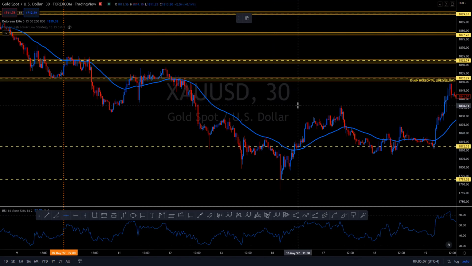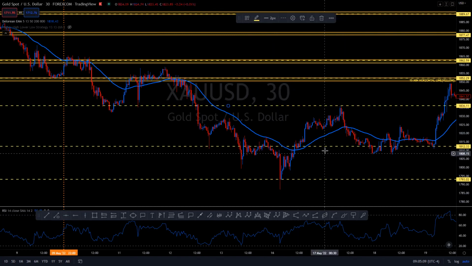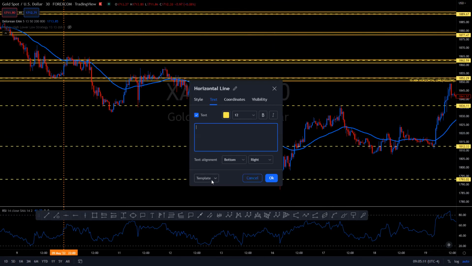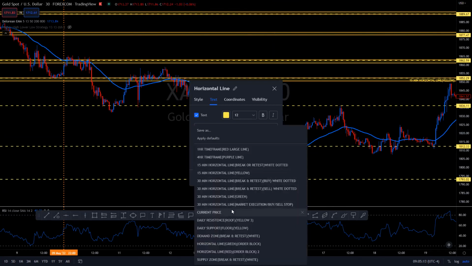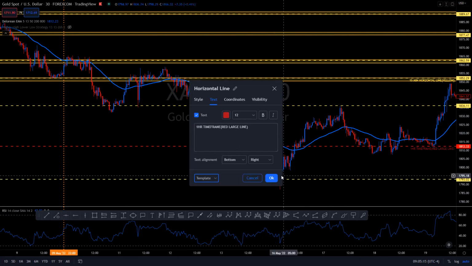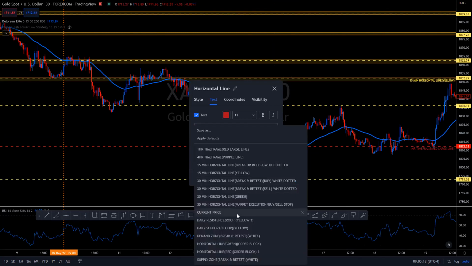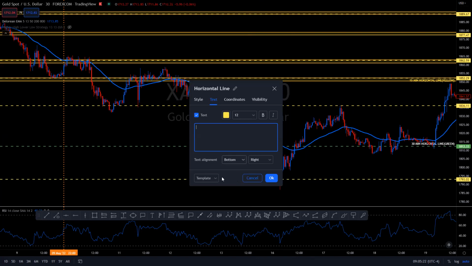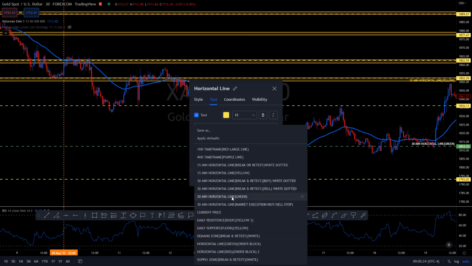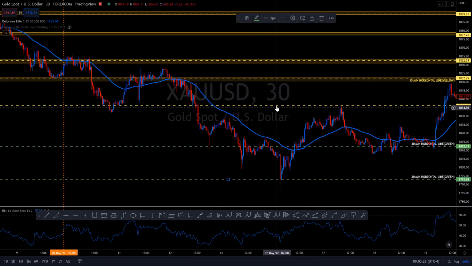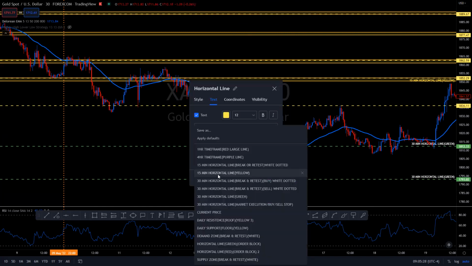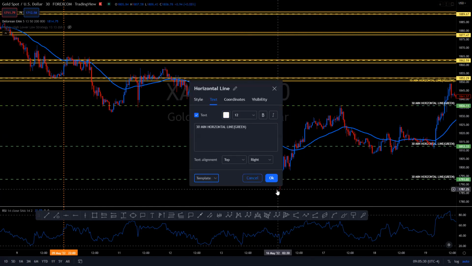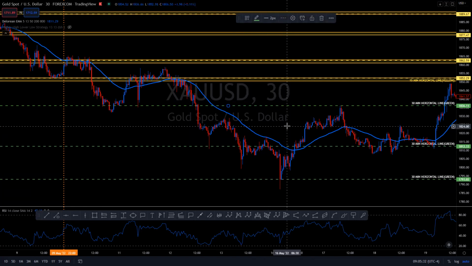And then, of course, you see that there was a supply area here because price pushed price back down to that next zone. Let me change these lines in a second here. All right, there we go.